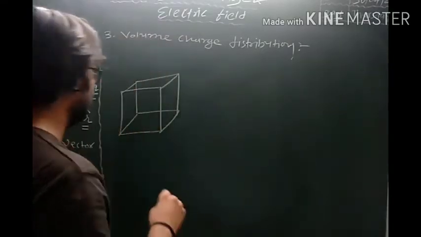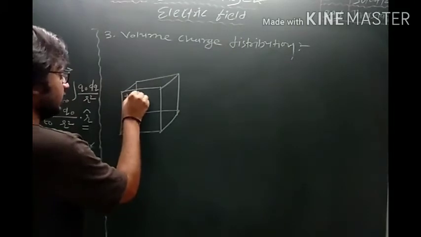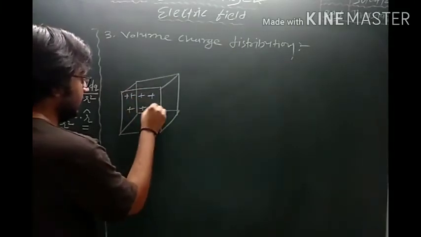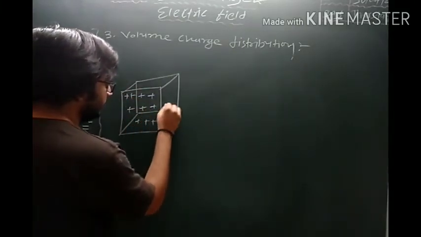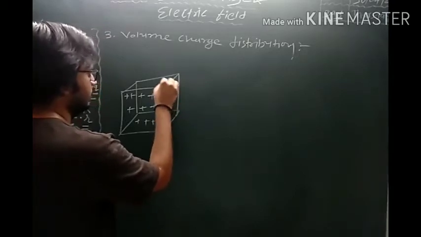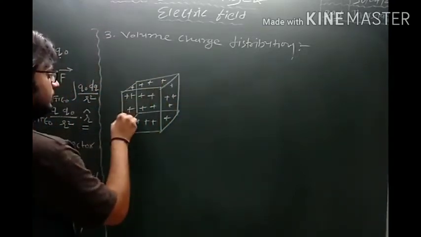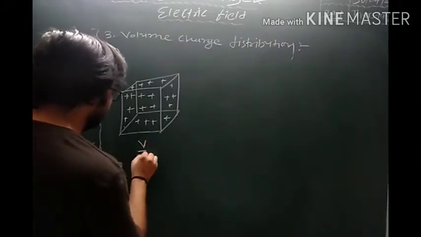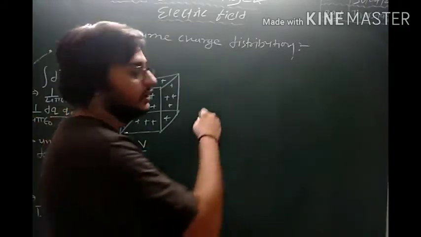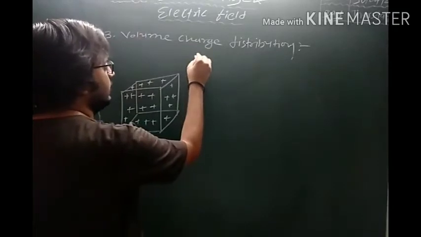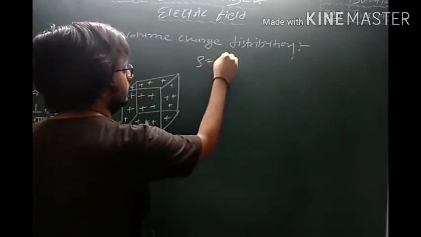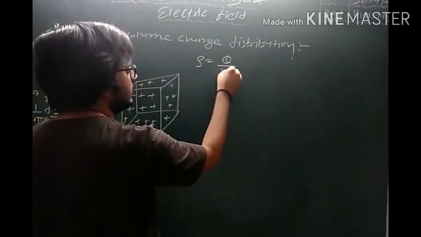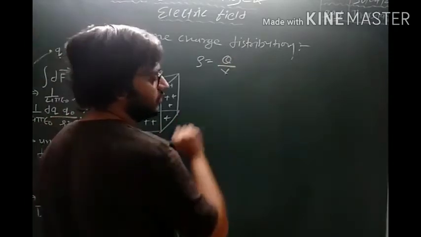Okay, so in this cube the charges are distributed uniformly in this form. The total volume is V. Now we introduce here the volume charge density. So rho is equal to Q upon V, meaning charge per unit volume.